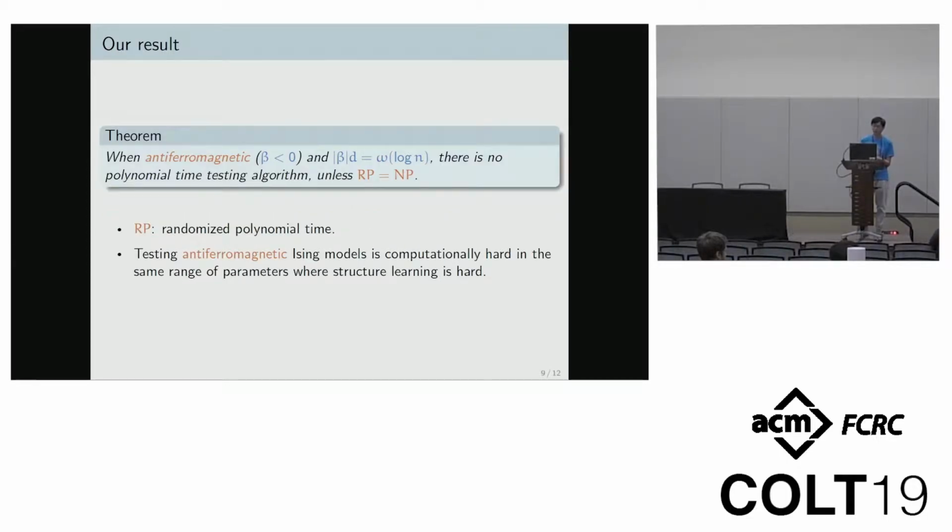In fact, we show that for the remaining region of beta, there's no polynomial time testing algorithm unless RP equals NP. Another way of stating our theorem is that testing the antiferromagnetic Ising model is hard in the same region of parameters where structure learning is also hard.